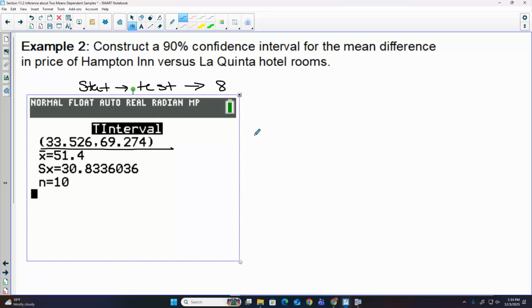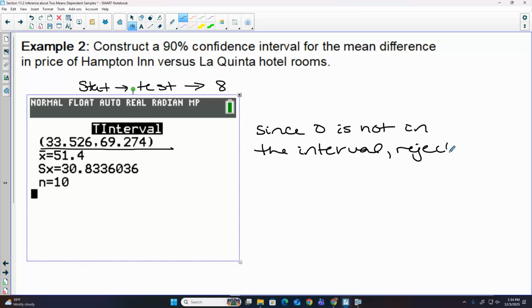Is my null hypothesis in that interval? My null was no difference, so since 0 is not in the interval, reject the null hypothesis. So you can reject it from the confidence interval or the t-test.